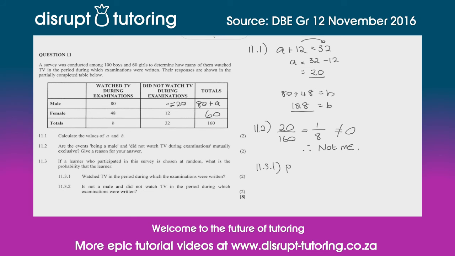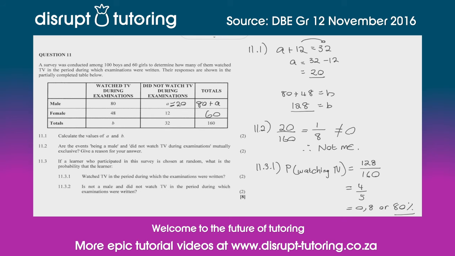So the probability of watching TV is equal to the total number of learners that watch TV over the overall total. So that would be B, which was 128 over 160 as our total, and that simplifies down to 4 over 5, which simplifies further to 0.8 or 80%.